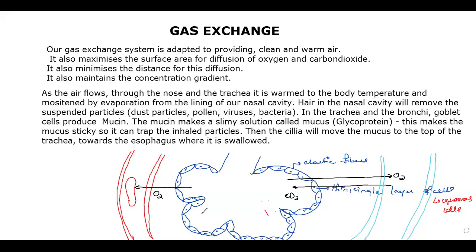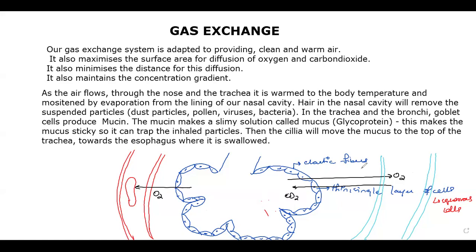So the moment the hemoglobin becomes saturated with oxygen, it will move on. Because of this, the concentration of oxygen in the blood stays low and the concentration of carbon dioxide stays high. So the difference in oxygen and carbon dioxide level between the alveoli and the blood vessels is maintained.